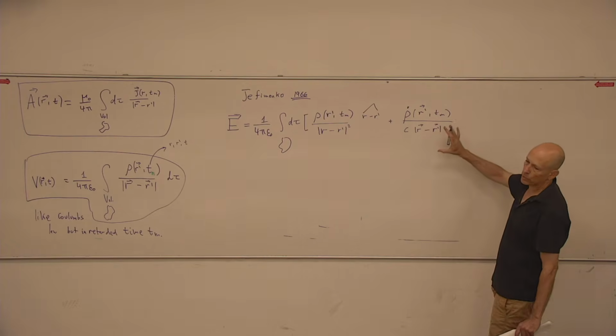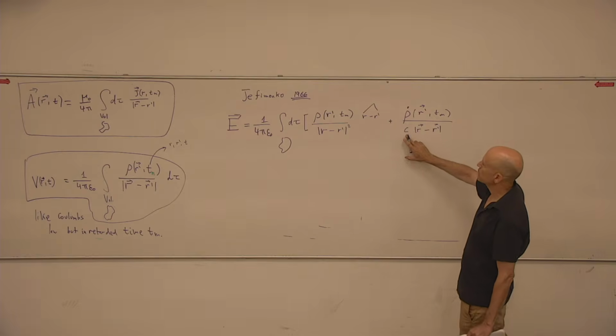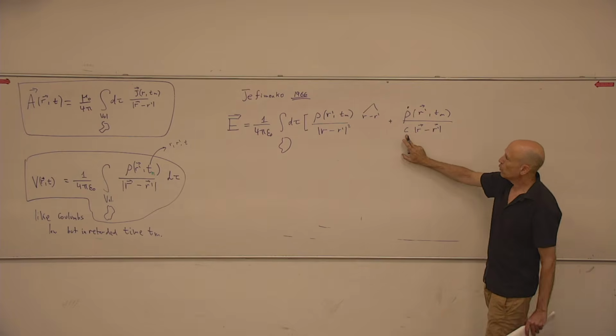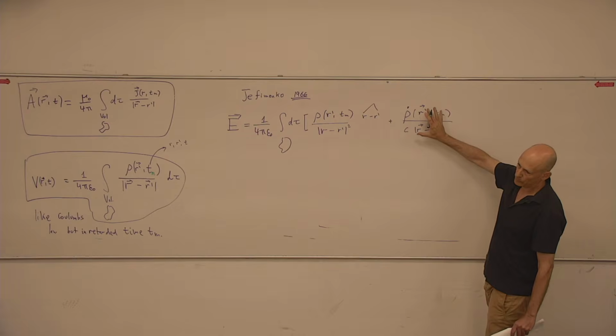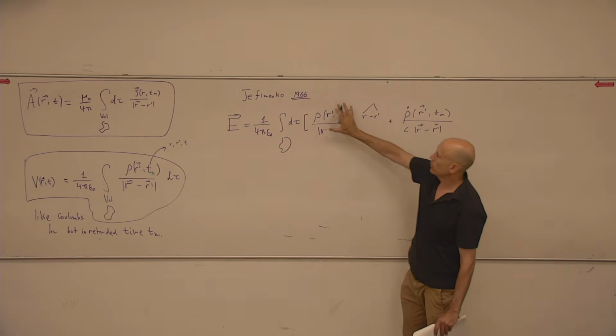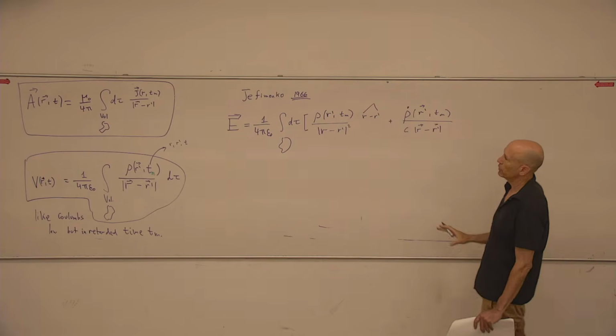So this is already a non-trivial term. First of all, if the speed of light were infinity, this would go away, and we would be left only with this, and then it would be much simpler and nicer.